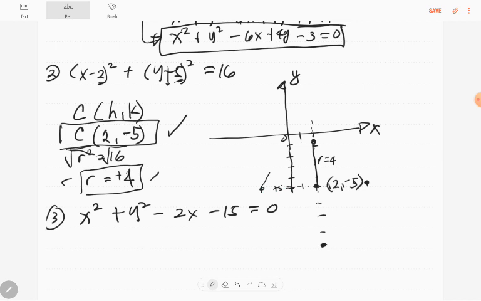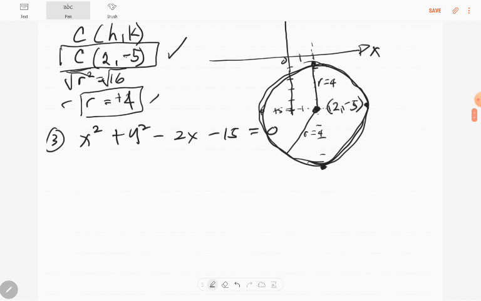So you just have to connect all the points to create the circle. Okay, this must be a perfect circle. So that would mean if you measure any distance from the center to any point here, r is always equal to 4. So that's how you would draw the graph of your equation.